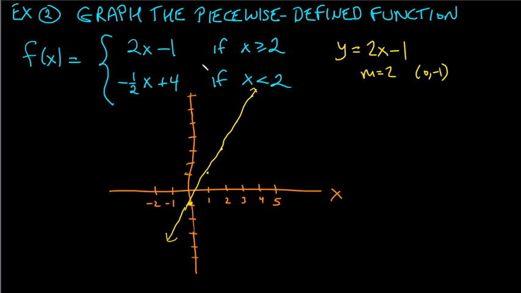Okay. Unfortunately, I hope you didn't use a pen when you're doing this, because we're going to have to erase. Notice this condition says that this is only valid if x is greater than or equal to 2, right? So here's x equals 2. Everything less than 2 is not really there. So we have to erase everything that's less than or equal to 2.